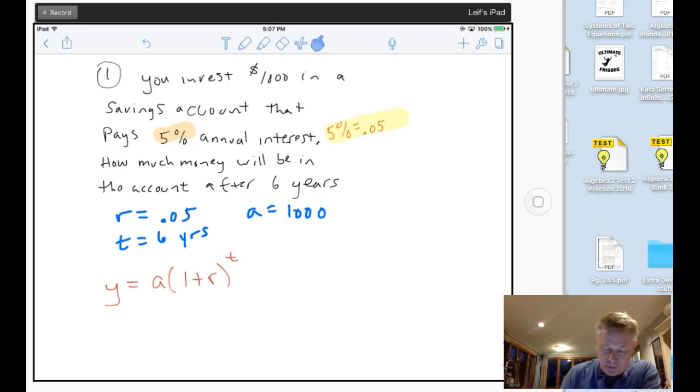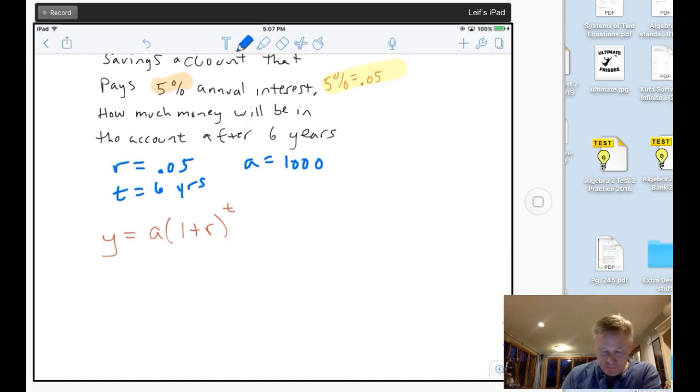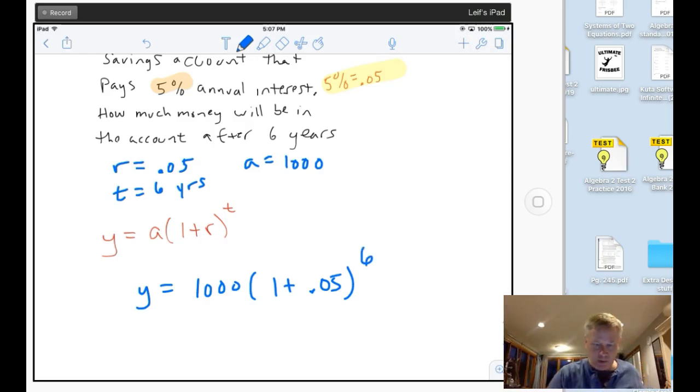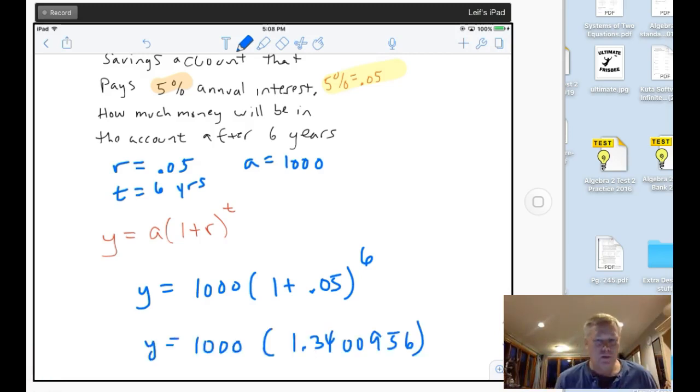So if I plug those numbers into my equation, 1,000 times 1 plus 0.05 to the t, and t is 6, and punch that into my calculator, I will get an answer. The way you want to do this is add the 1 and the 0.05 first, and then take that to the 6th power. Make sure you do the exponents before you do the multiplication.